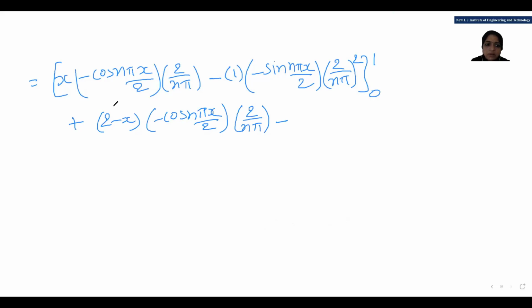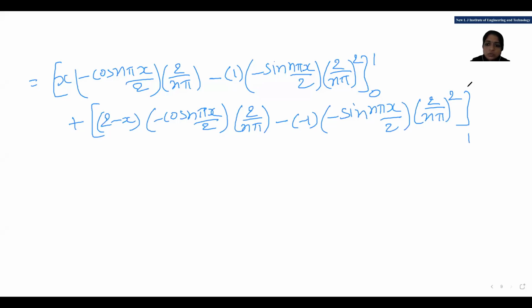Minus the derivative of 2 minus x, which is minus 1. The integration of minus cos is minus sine, the angle will remain same, so n pi x by 2 into 2 upon n pi whole square. And the limits are now 1 to 2.